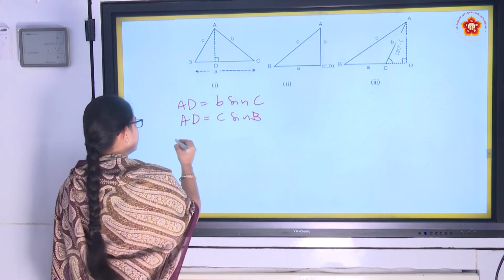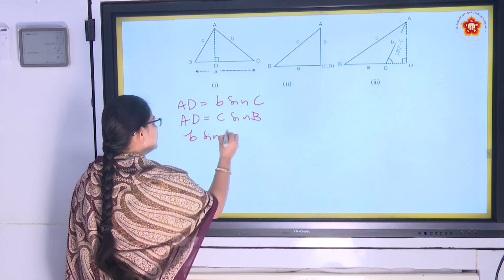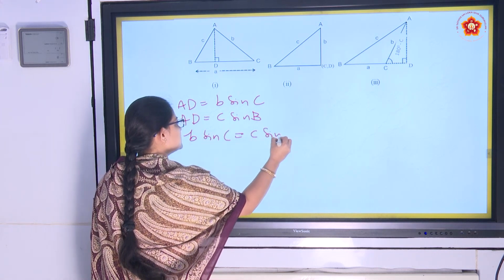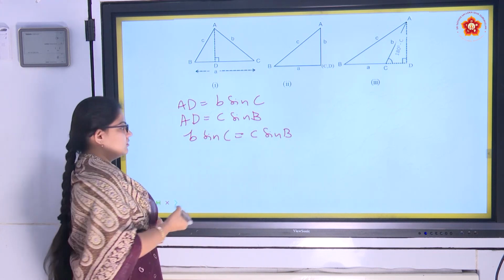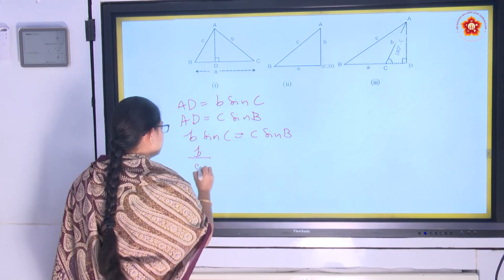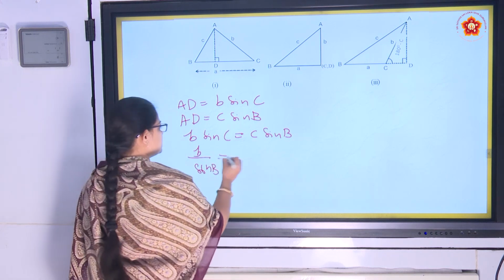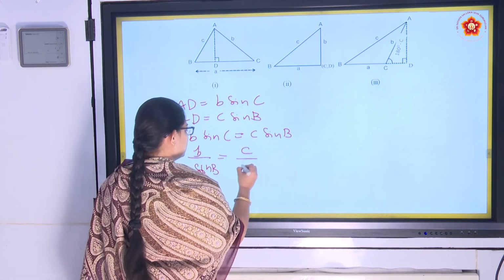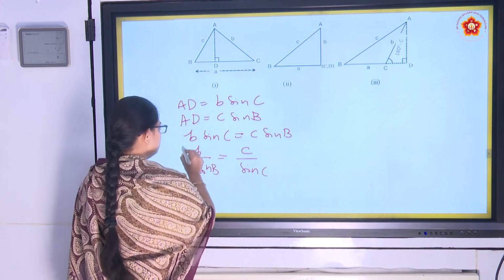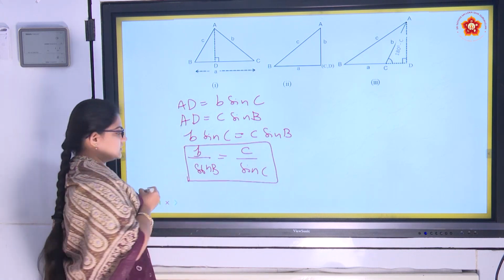So let us equate them. We have B sine C is equal to C sine B, or B by sine B, taking this sine B to the other side. So B by sine B is equal to C by sine C. So we got one expression.